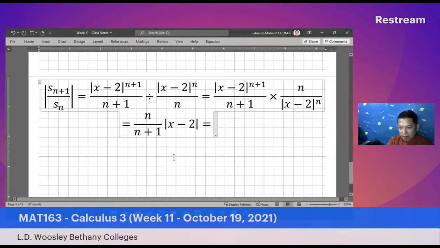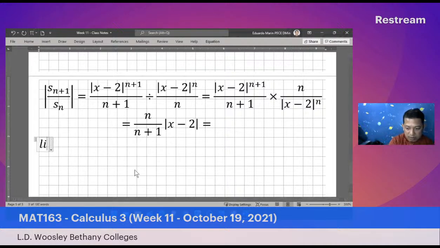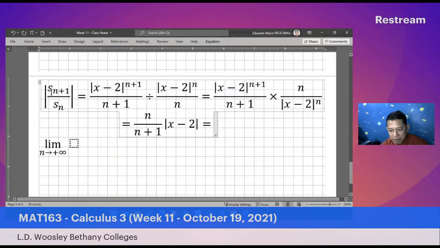We will get the limit of such a value: the limit as n approaches infinity of your ratio.